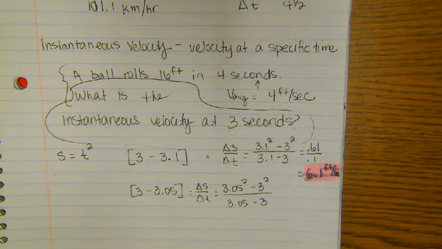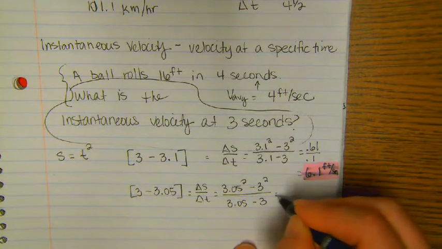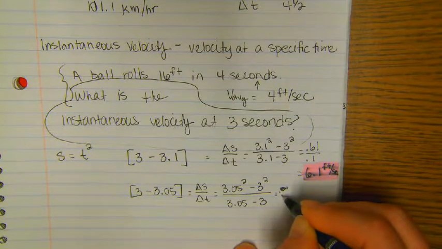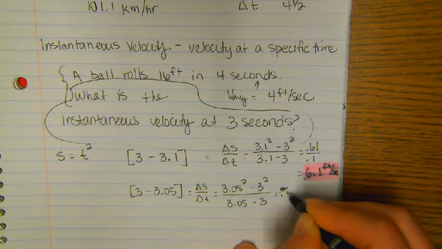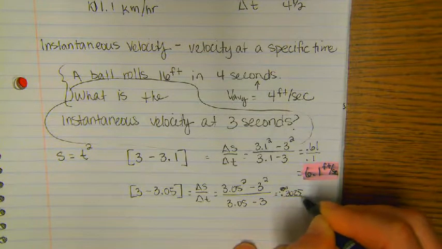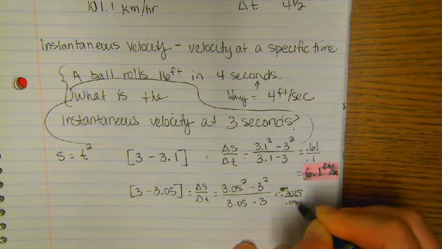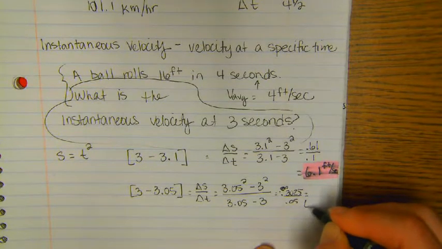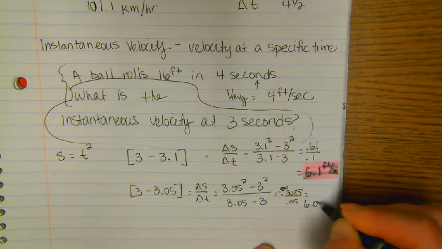Can somebody tell me what you get on the top? 0.3025. Okay, when you divide those two numbers, what do we get? 6.05 feet per second. Okay.